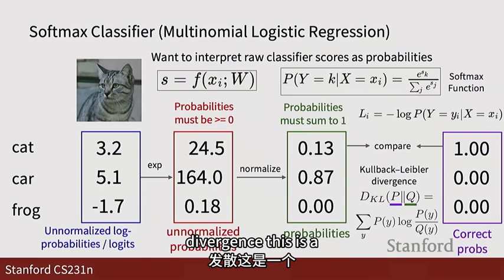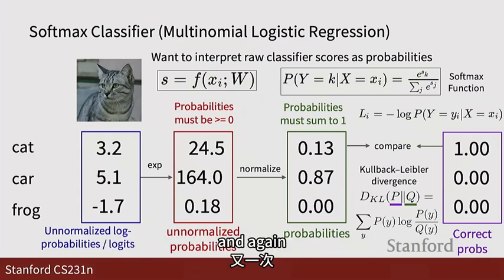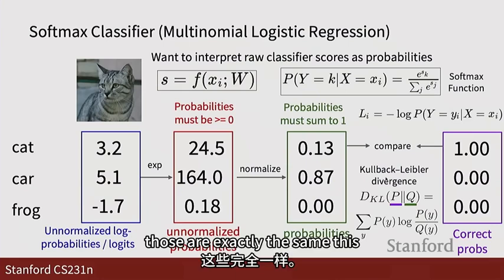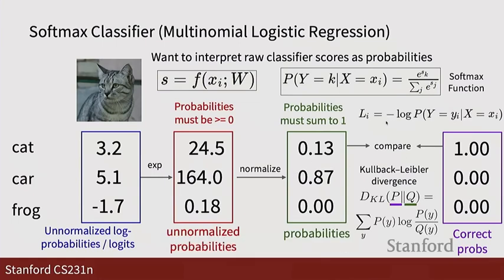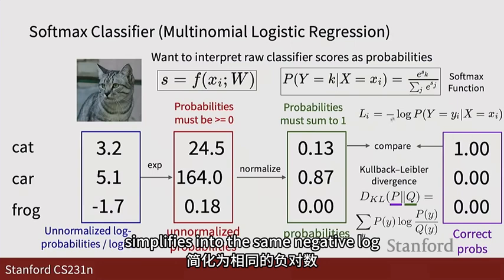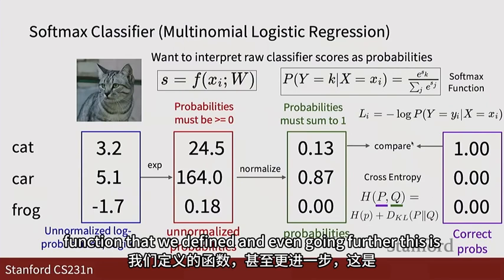This is an information theoretic perspective of looking at this loss function. And again, those are exactly the same. This KL divergence in this setting simplifies into the same negative log function that we defined.